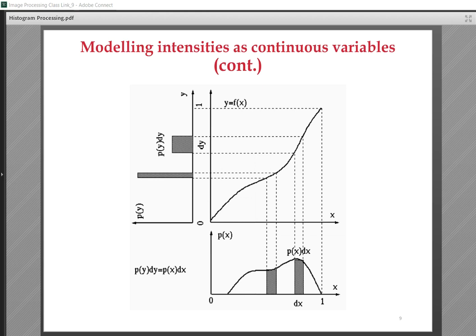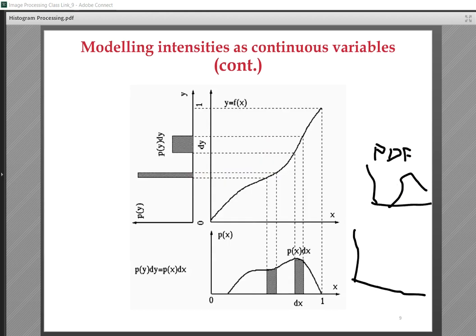You know that, for example, I show maybe the PDF be as here. Maybe this is the PDF, the probability density function.